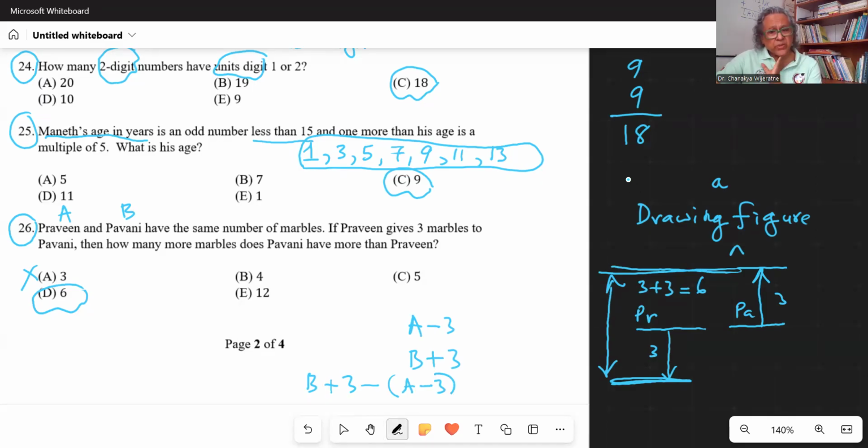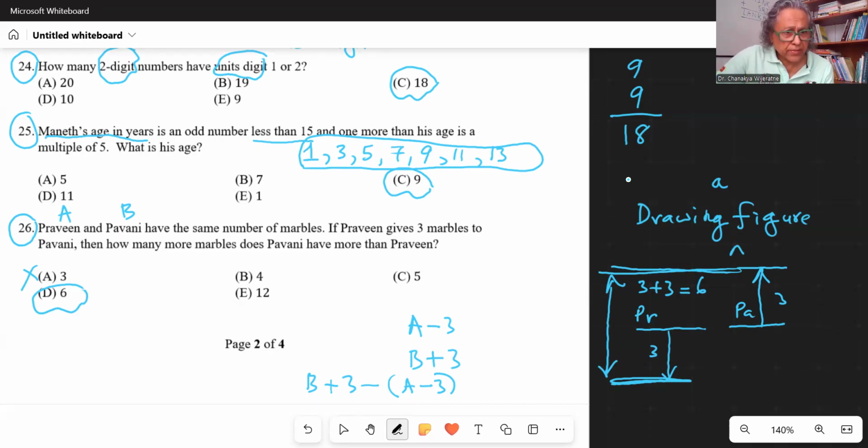Now this, of course, you cannot do yet. You have to learn numbers with the minus sign, so I'm not going to do this. All right.